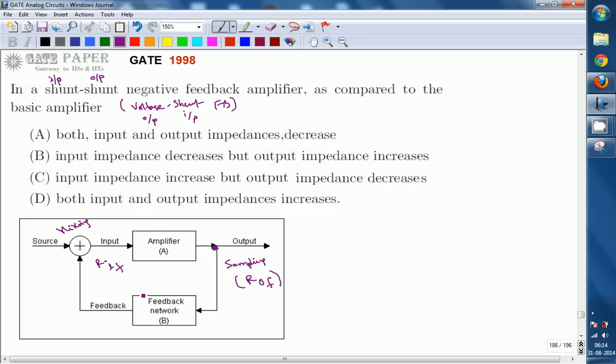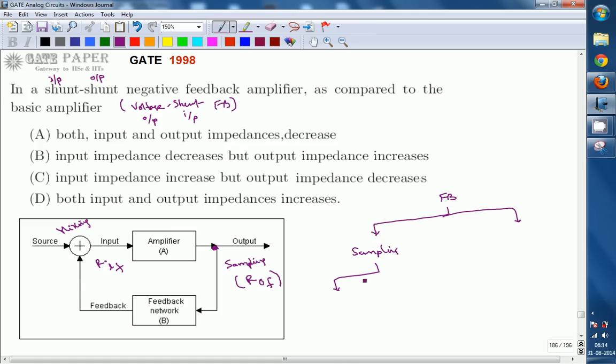R0F is the output impedance with feedback. So based on the type of sampling and the type of mixing, R0F and RIF may increase or may decrease. The type of feedback is based on the sampling and mixing network. So first I am going with sampling.